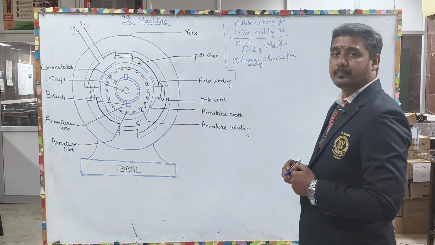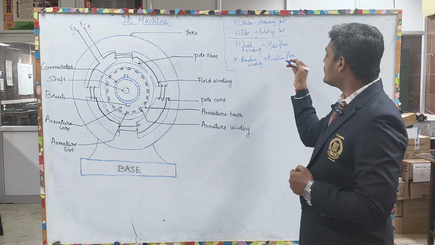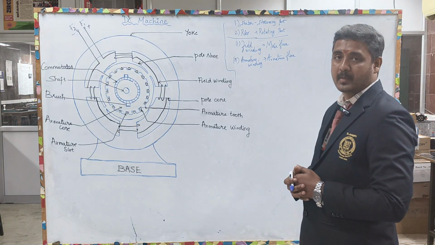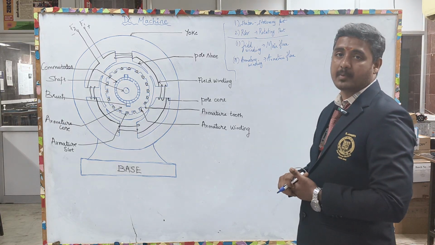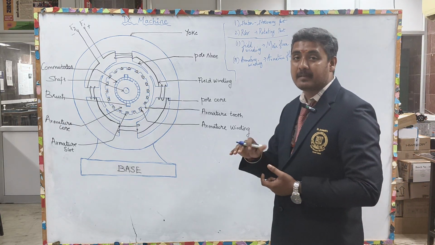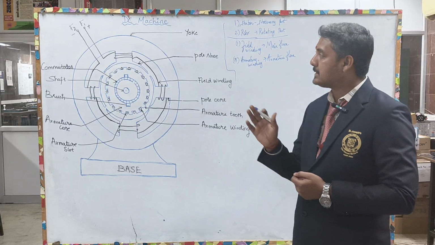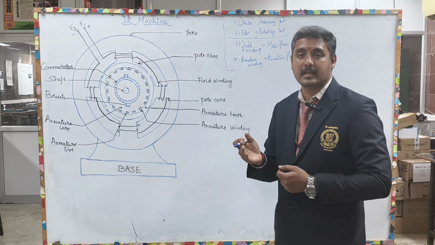Now, when this armature flux is produced, how this armature flux is produced differentiates the DC machine as generator and motor.